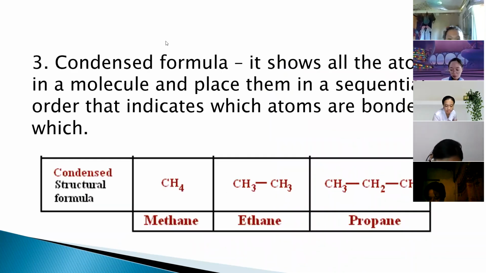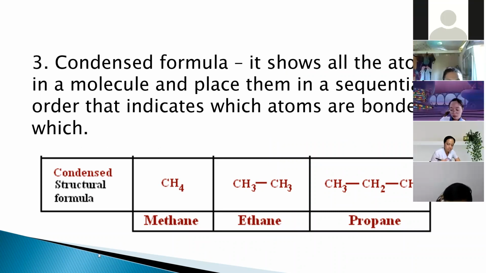Now this one was mentioned by, who was that again? Rosemary, the condensed formula. Again, this one is called the condensed formula. What about the condensed formula? This will show us all the atoms in a molecule and place them in sequential order that indicates which atoms are bonded to which.